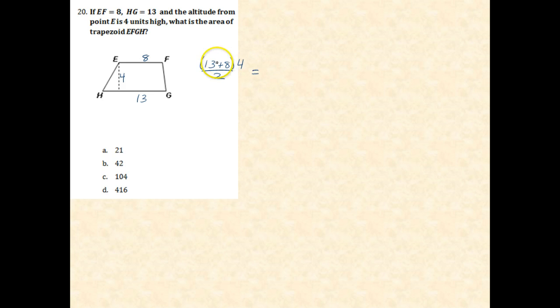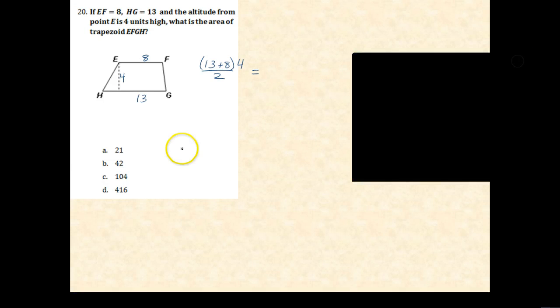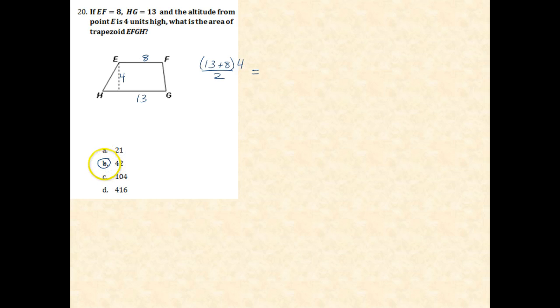So this is 13 plus 8 times 4 divided by 2. 13 plus 8 is 21 times 4 is 84 divided by 2 is 42. So B, number 20, is 42.